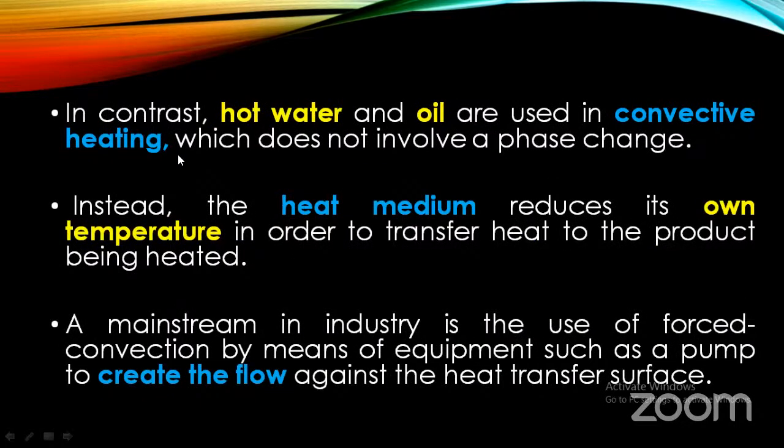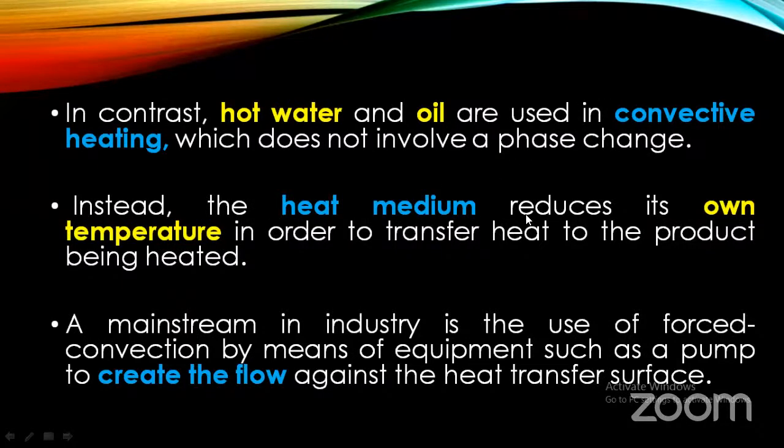So that is what is given here. Hot water and oil are used in convective heating, but they don't involve a phase change. No phase change means there is no latent heat of vaporization involved there, and latent heat of vaporization means a higher amount of heat energy.